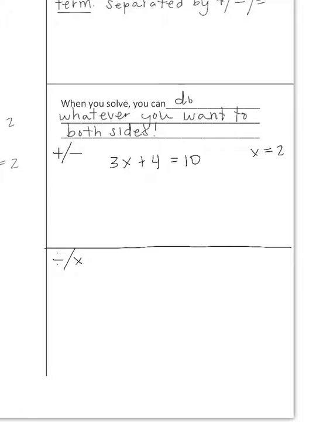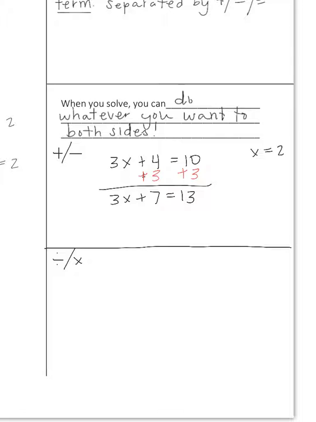So let's say that I wanted to add 3 to both sides. So here we go. Actually, I'm going to use a different color here. So I'm going to add 3 right here and add 3 right there. And my result is, let's see, 3x plus 7 equals 13. Now, that's a whole new equation.